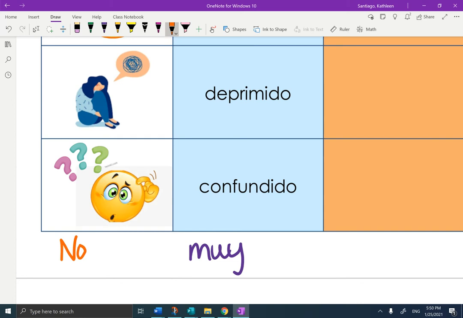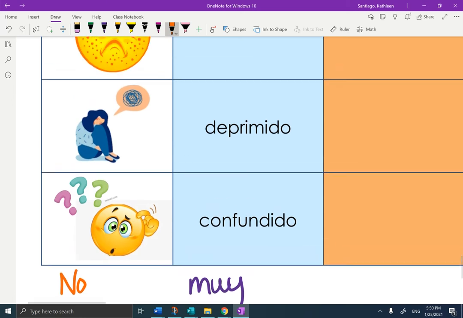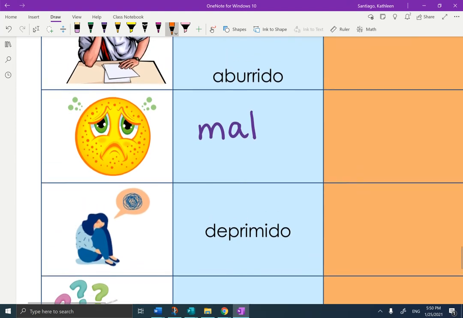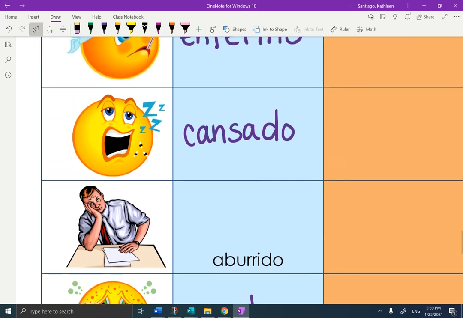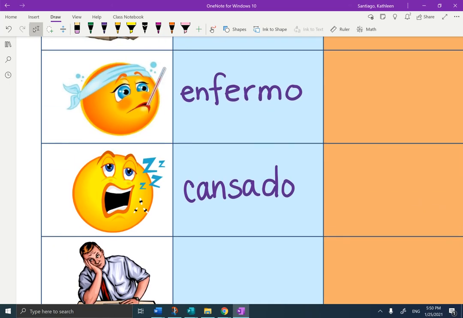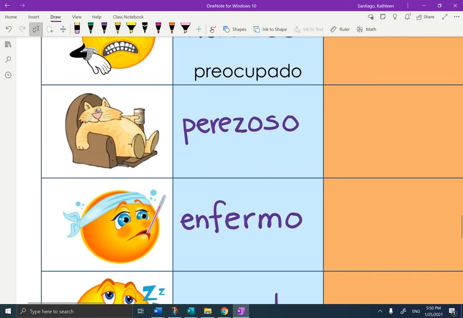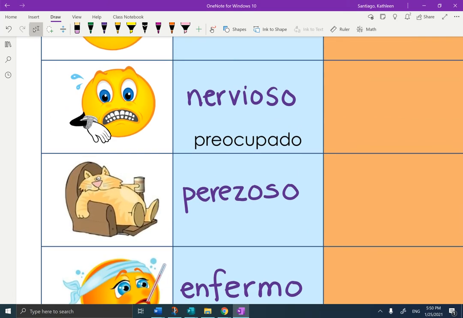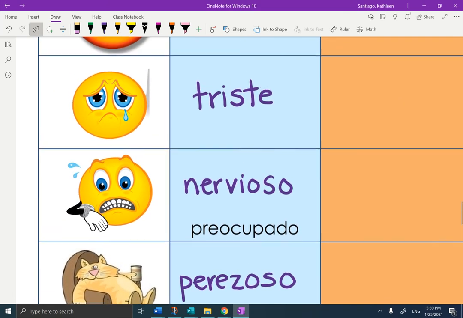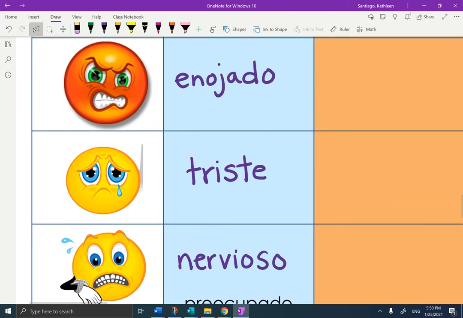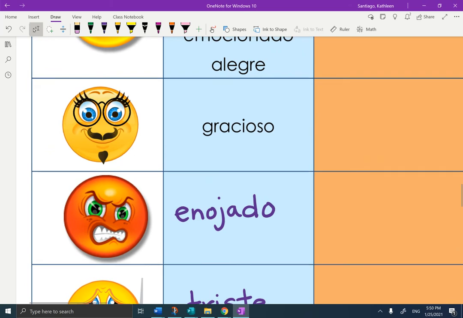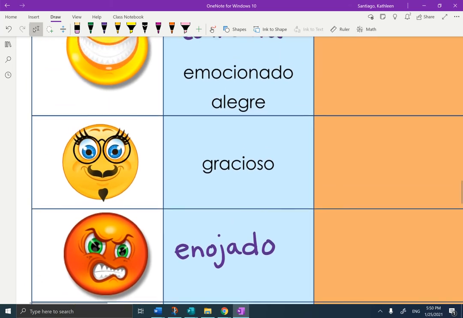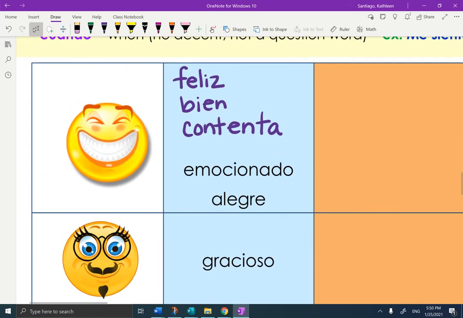Let's review them as we go up. Confundido, deprimido, mal, aburrido, cansado, enfermo, perezoso, preocupado, nervioso, triste, enojado, gracioso, alegre, emocionado, contento, or maybe content.